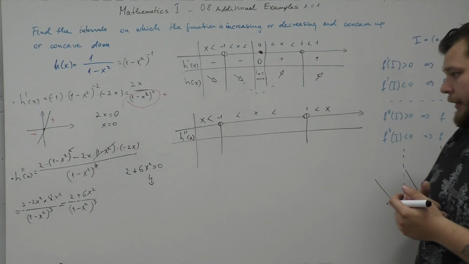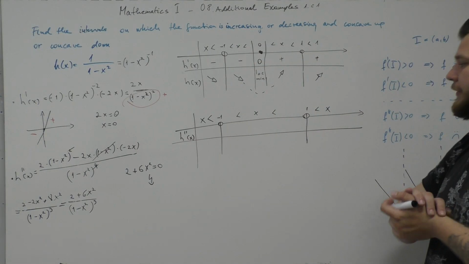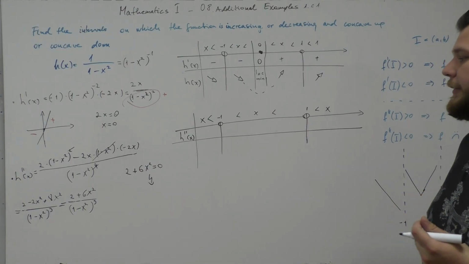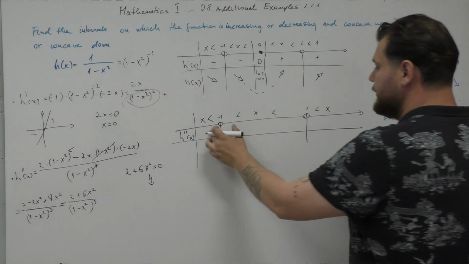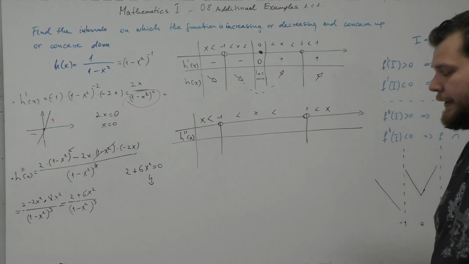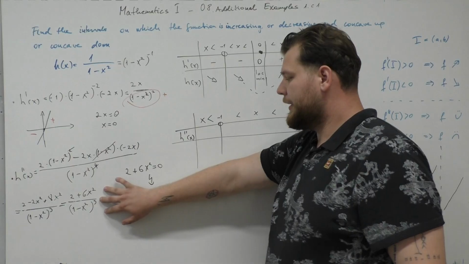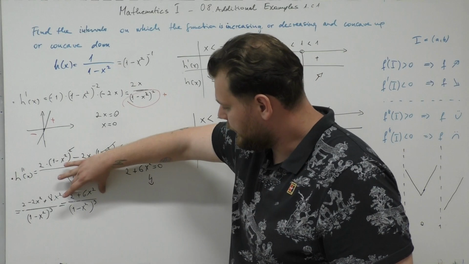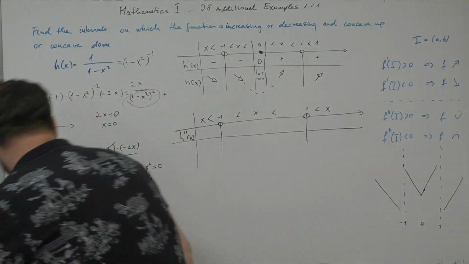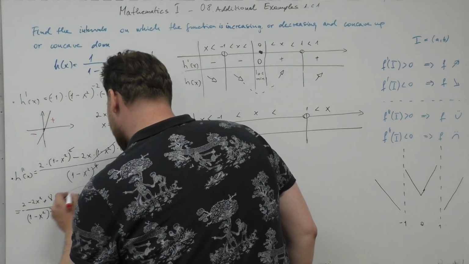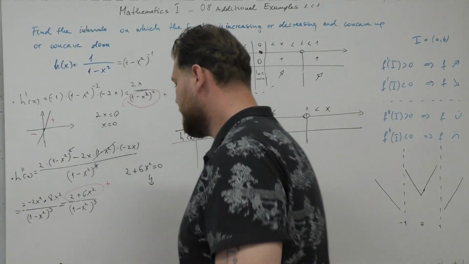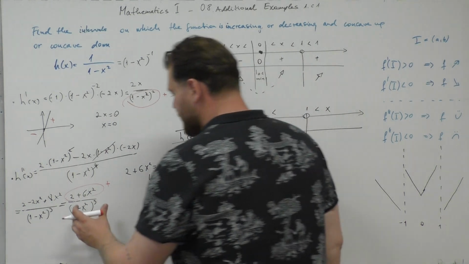Now we have to find the signs of the second derivative function on these intervals. This is the second derivative function. We can clearly see that the top is always positive, which means we only have to consider the bottom.